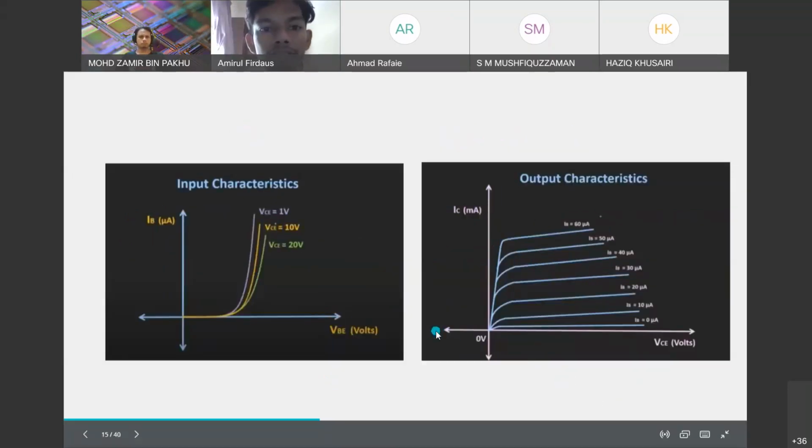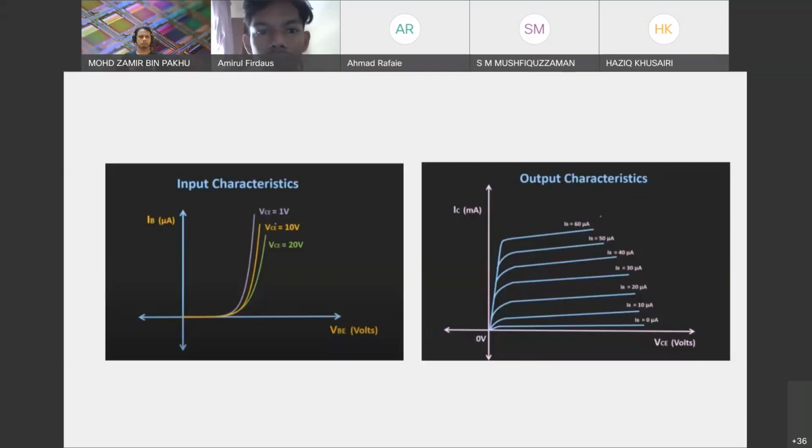As you can see, the input characteristic for a common emitter is IB and VBE, and the output characteristic of common emitter is IC and VCE.